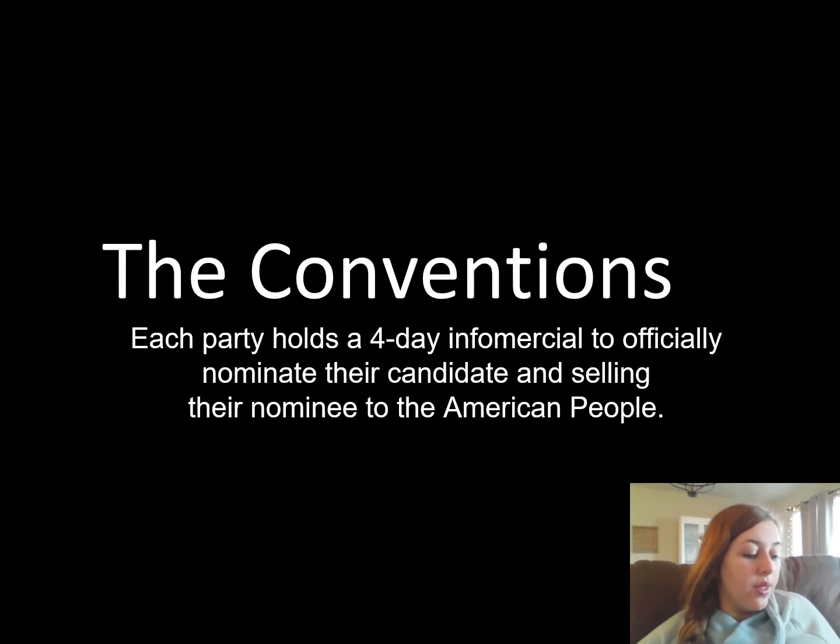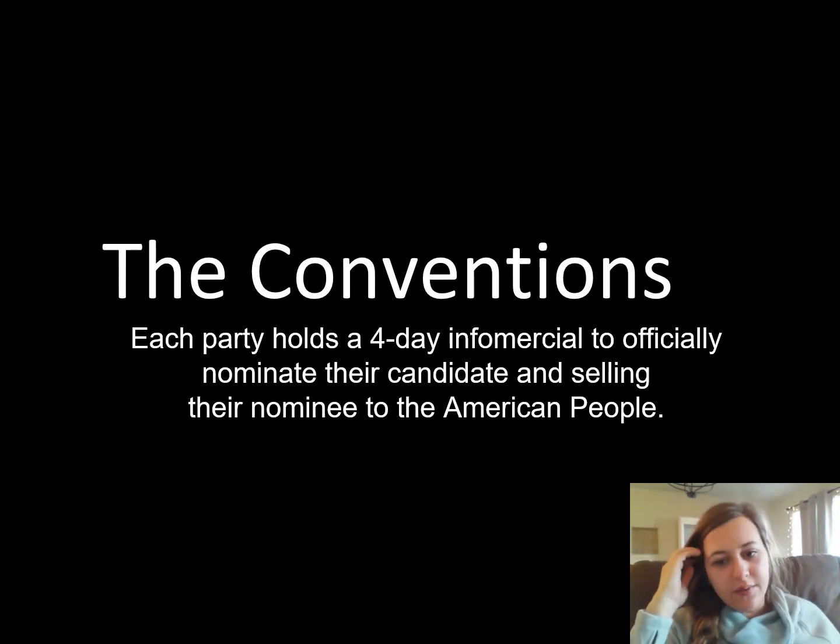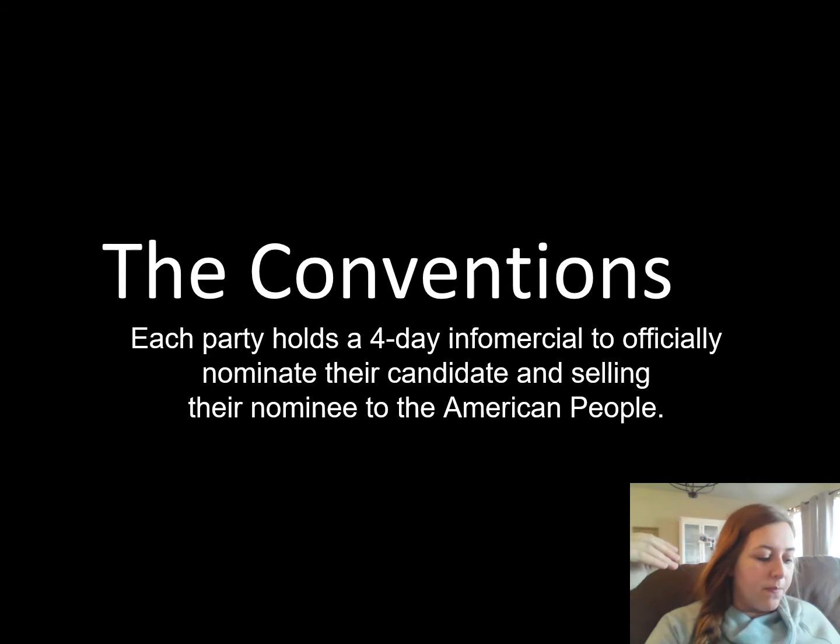All right, so then we have the convention. Each party holds a 4-day convention or so to officially nominate their candidate and sell their candidate to the American people. At this point, we've been tracking delegates through the whole process, right? We live in a 24-hour media cycle, so we've been tracking candidates through this whole process, and so we normally know going into the convention who is going to be the nominee.